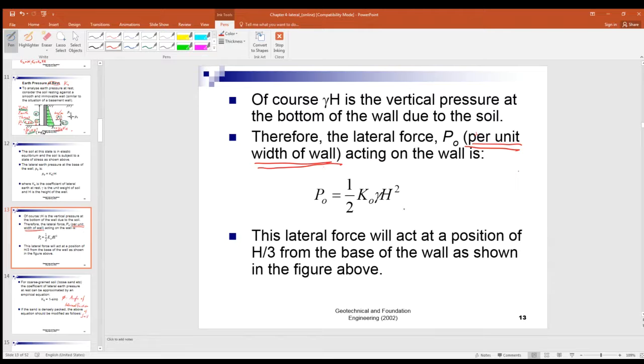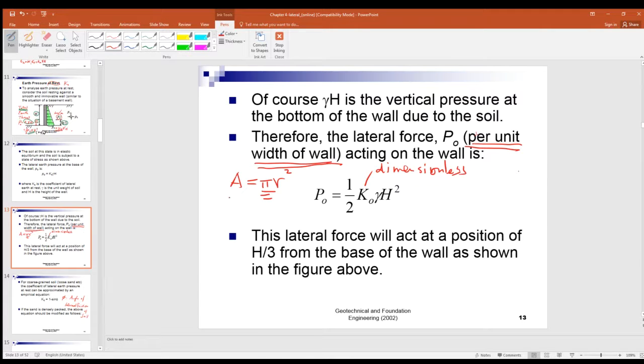Now, let me check the unit. K naught is dimensionless. It has no dimension. Just like A equal to pi r squared, the area of a circle is equal to pi times radius squared.